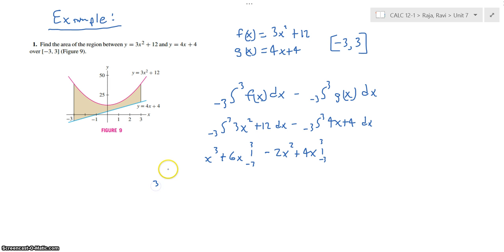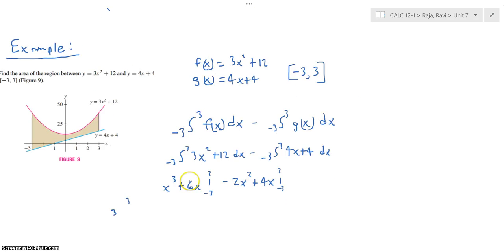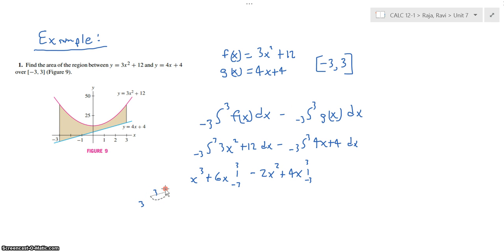So we're going to end up with 3 to the 3 plus 6 times 3, all of that minus -3 to the 3 plus 6 times -3.